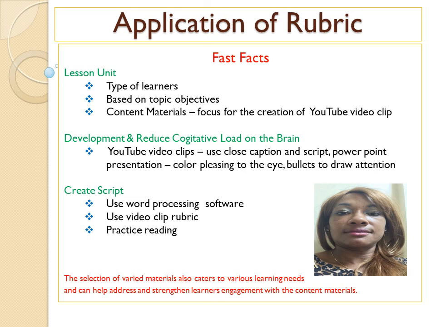Creation of the script: use word processing software such as Microsoft Word, Google Docs, or LibreOffice. Use the video clip rubric to help you know what the criteria are and the performance standards. And practice reading so you can have a better grasp of the content materials when you're recording.